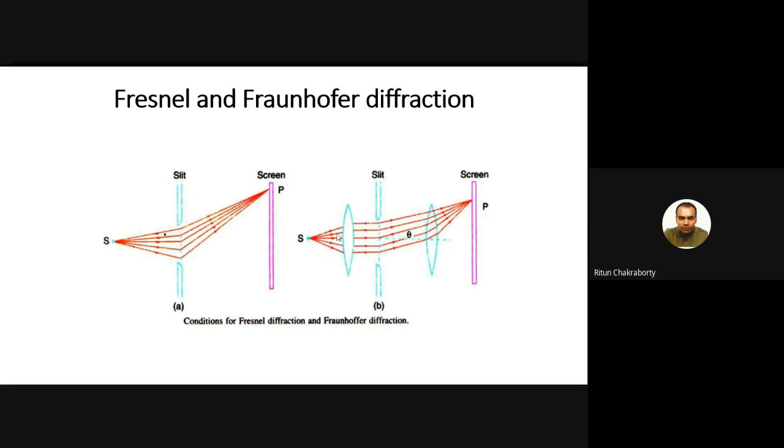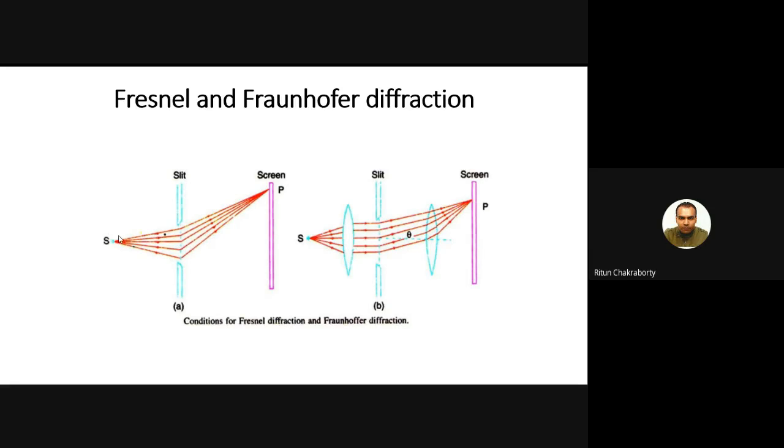Lens 1 collects the rays coming from the source and converges them, or gives them a direction towards the aperture, and from the aperture they get diffracted, and then these diffracted rays of light are sent to this lens, which converges the diffracted light, and they are incident on the screen at P, and we can see the diffraction pattern on the screen.